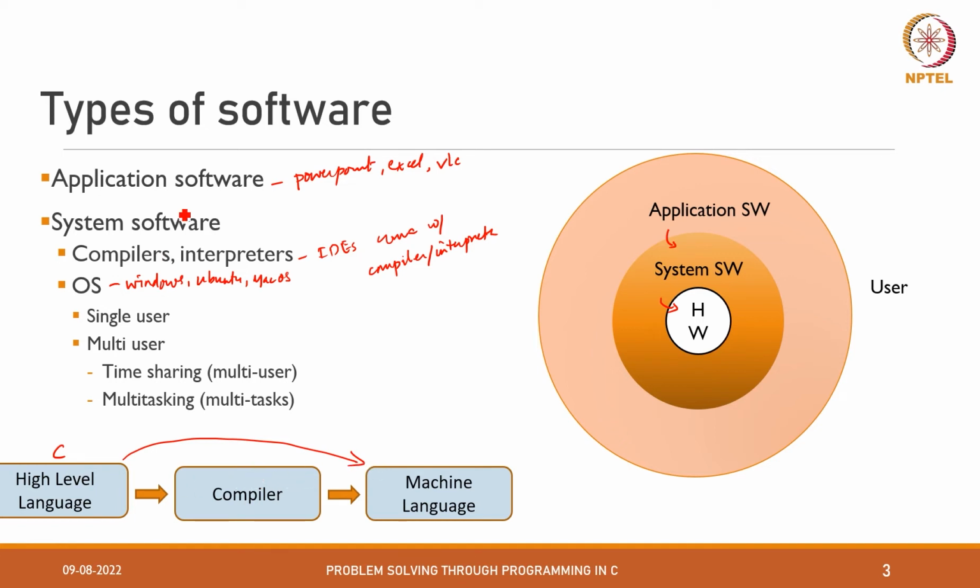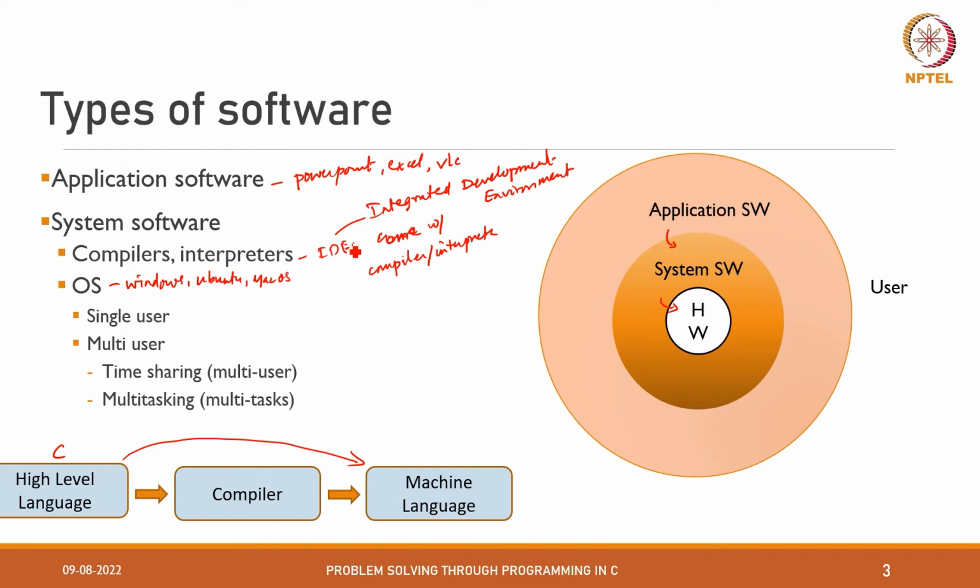So there are predefined compilers available, and the IDE, which stands for integrated development environment, is a package. Whenever you download an IDE for C, it will come with a compiler inbuilt.